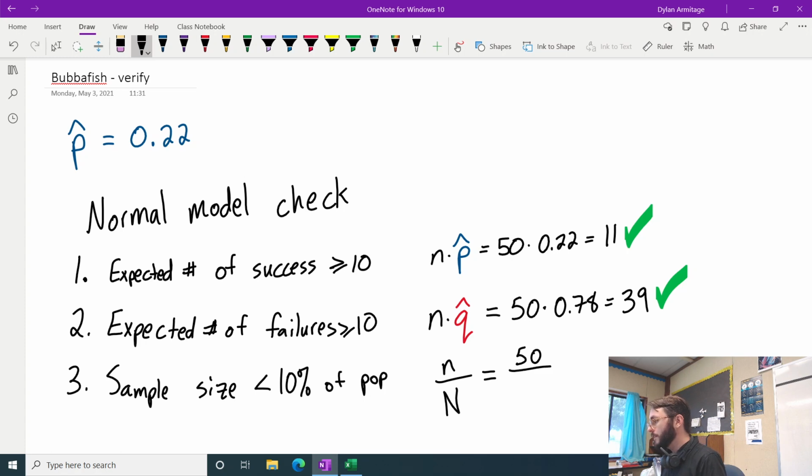We have 50 over 600. So that would be about 0.083, so 8.3%.